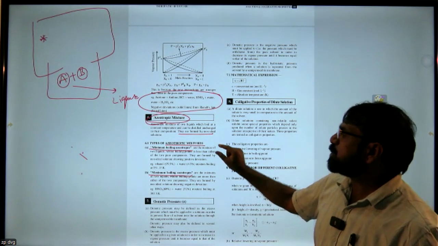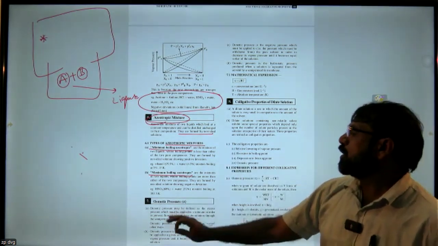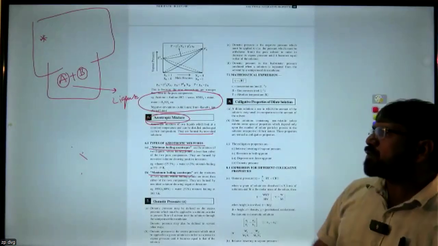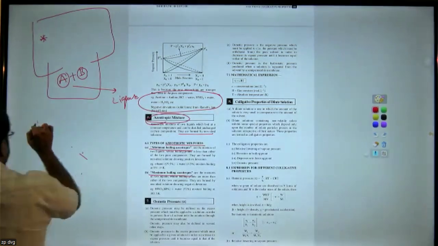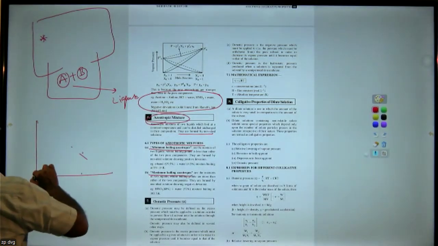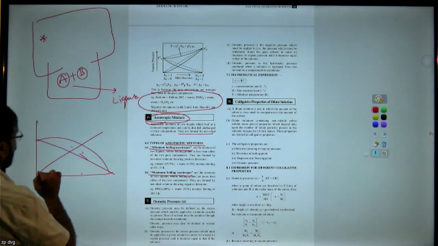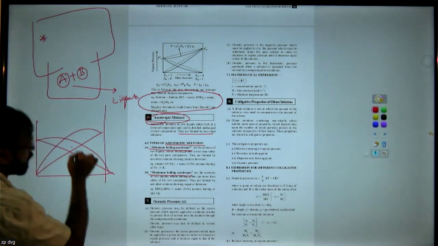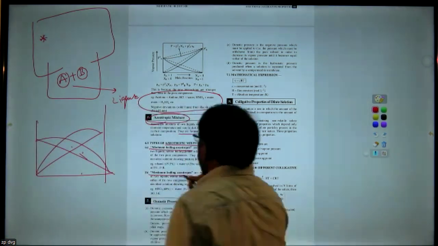In this condition, the boiling point reduces because the vapor pressure relatively increases. That is the reason the boiling point decreases in case of positive deviation.